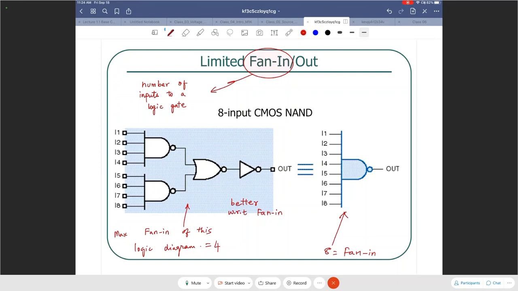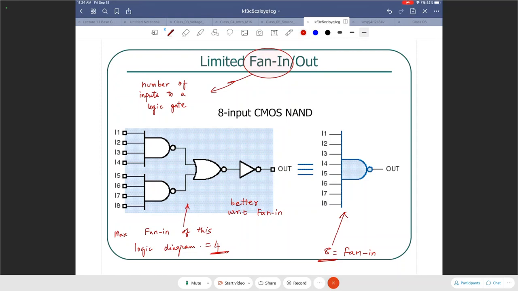A higher fan in could lead to the corruption of the voltage levels. And we will see how it gets corrupted. So I would want something that has a lower fan in, like this, right? 4 is better than 8. That's what I'm claiming. But to get something to be better, I have to give up something that is worse, right? So there should be trade-offs.